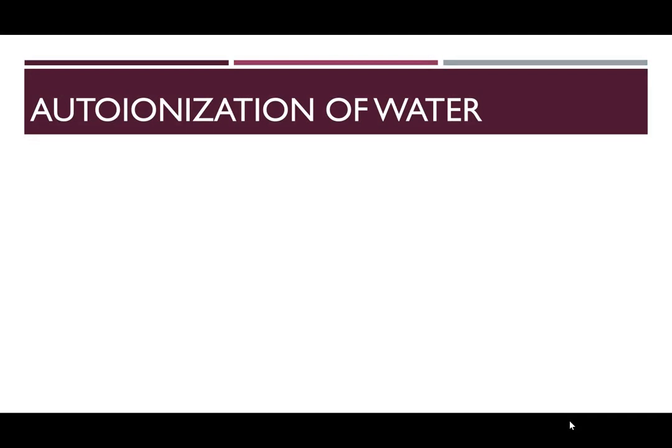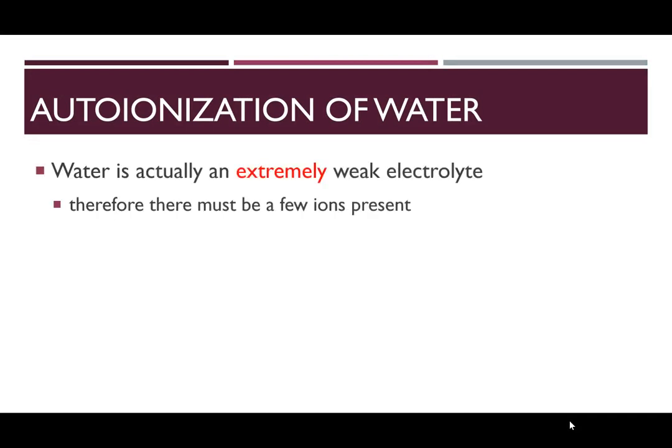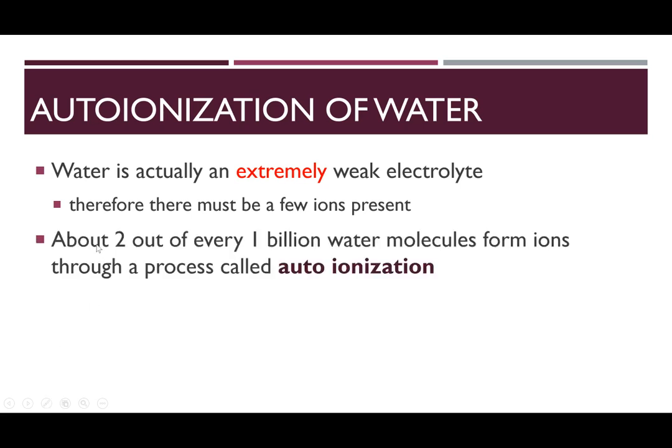So water is an extremely weak electrolyte. When we've got just a beaker of pure water sitting on the counter, there are actually some ions present. We call this the auto-ionization of water. Water in and of itself does break apart into ions.